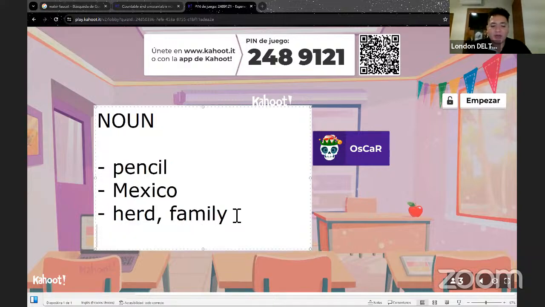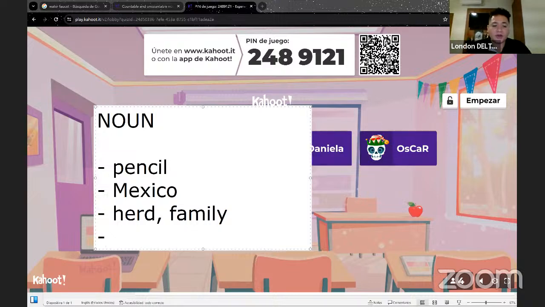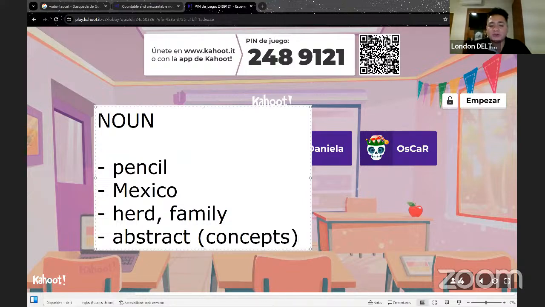But what happens, we have other kinds of nouns that are called abstract nouns, sustantivos abstractos. Y aquí entran, por ejemplo, conceptos. What is a concept? Well, something that doesn't actually exist.